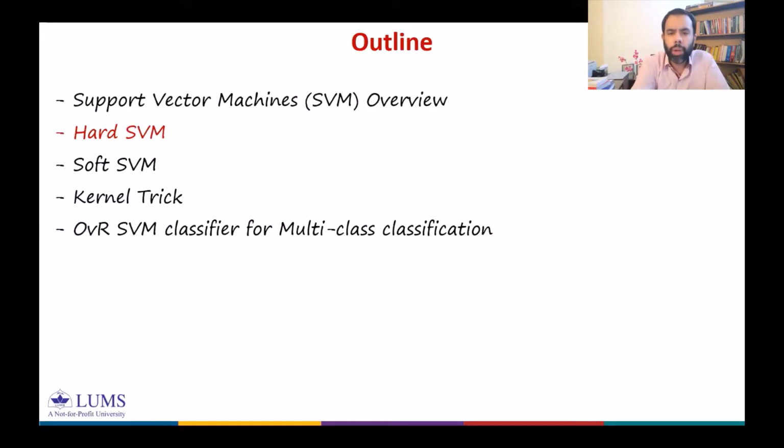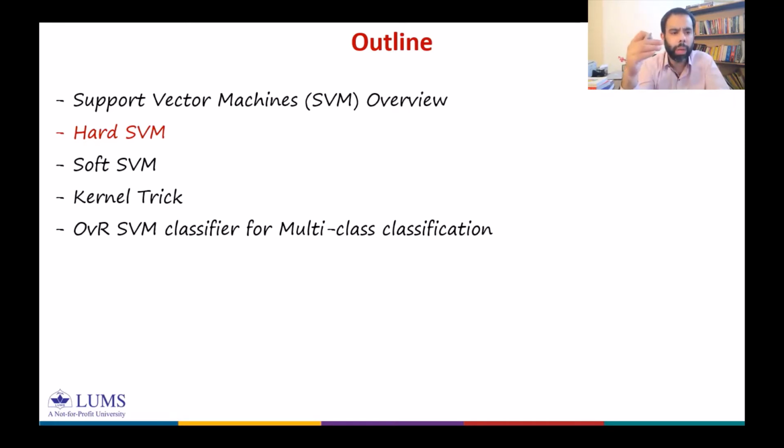We gave you a quick overview of support vector machine classifier. We talked about hard SVM, soft SVM, and kernel trick. In hard SVM, we assume that the classes are linearly separable, and we want to find a hyperplane that separates the classes in the feature space such that no point in the training data is misclassified, or all the points in the training data are classified correctly.